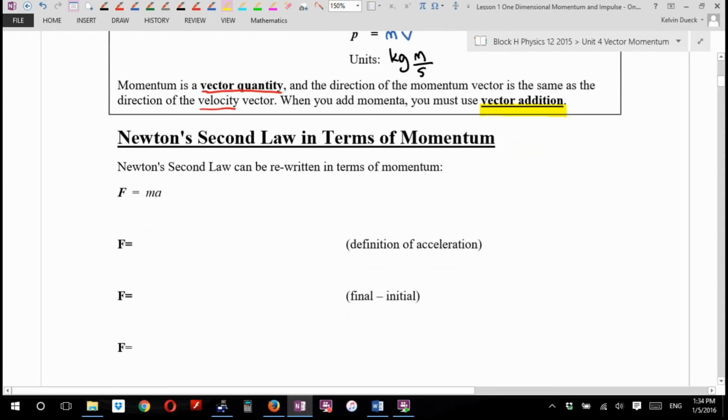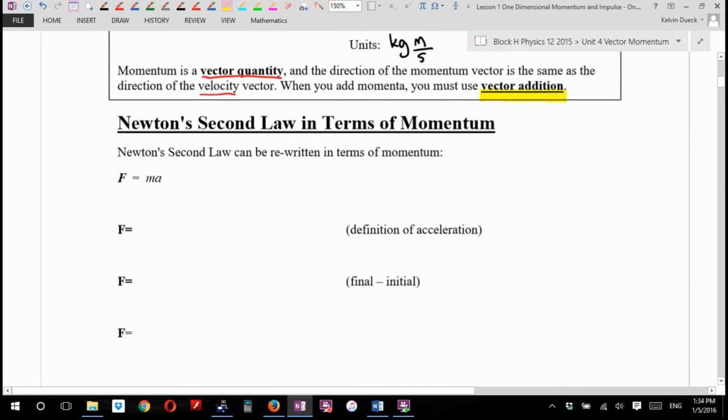Newton's second law, F equals ma, can actually be rewritten in terms of momentum, and this is kind of coming back to your question, Josh. F equals ma, I can also write that as F equals m delta v over delta t, because that's really the definition of acceleration.